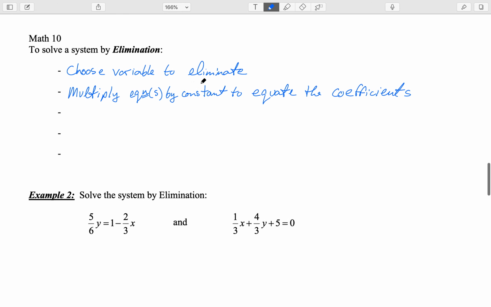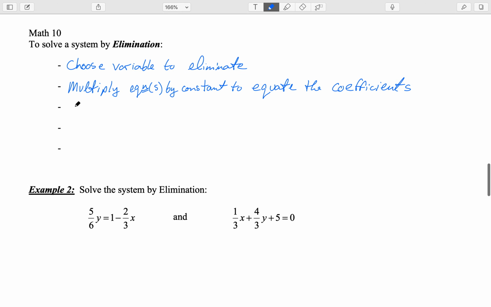That one's okay. Once you do that, you're going to subtract if they're the same, or you could add if you have them as opposites. If you had negative 4s and positive 4s, I would add them together. You're going to subtract in order to eliminate. Once you eliminate one of the variables, then you can solve for one of them.